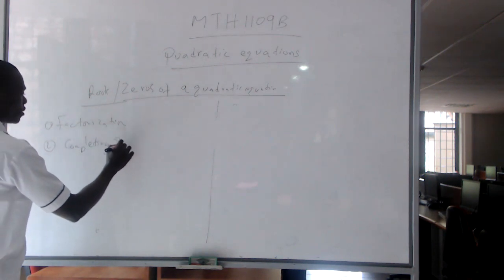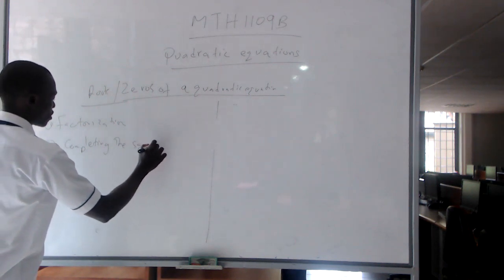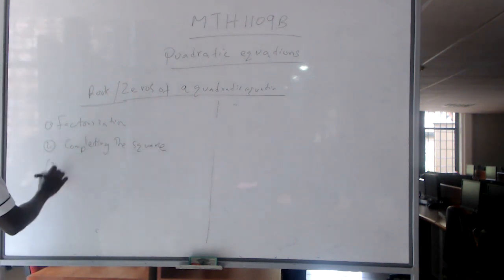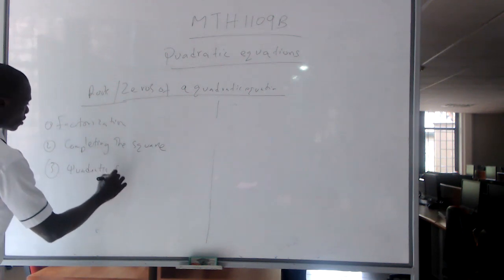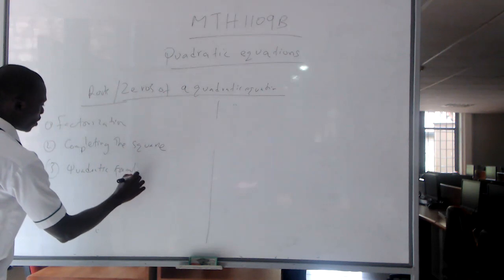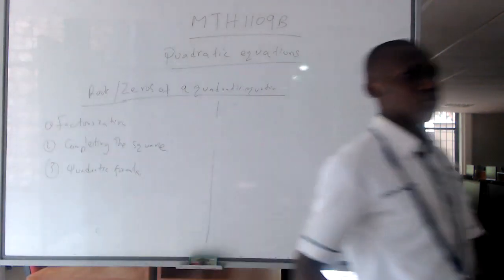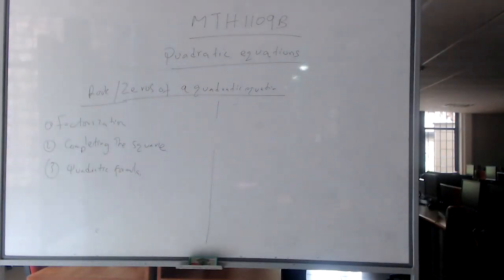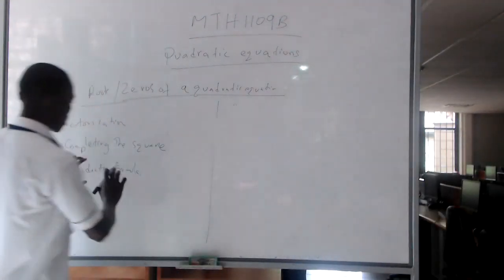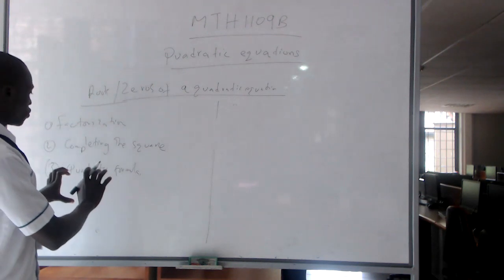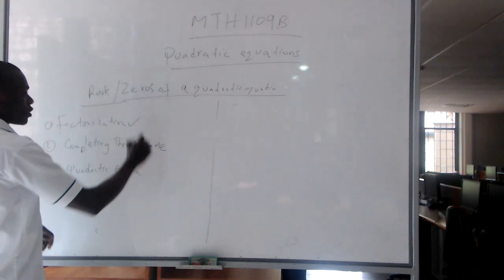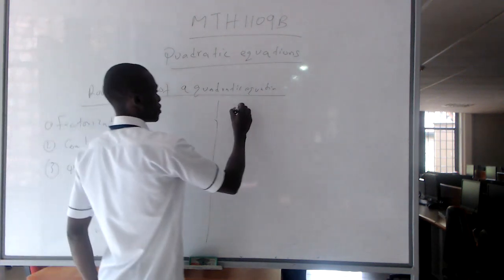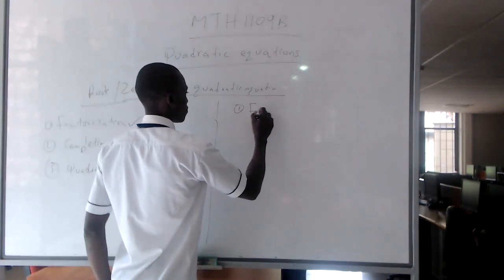And the last method would be the quadratic formula, which is essentially using the completing square method to derive a formula which you can use to solve quadratic equations. So you just plug in values from the equation and you obtain the zeros of the equation. Factorization. So number 1, factorization.